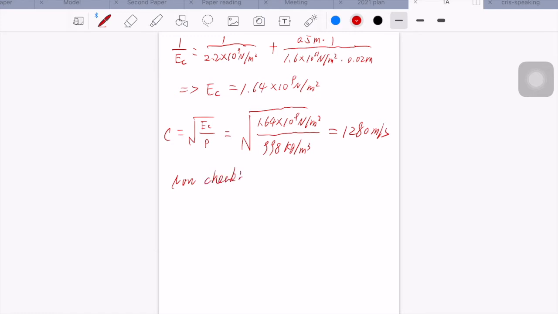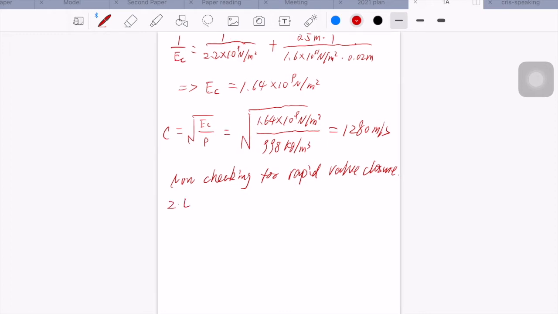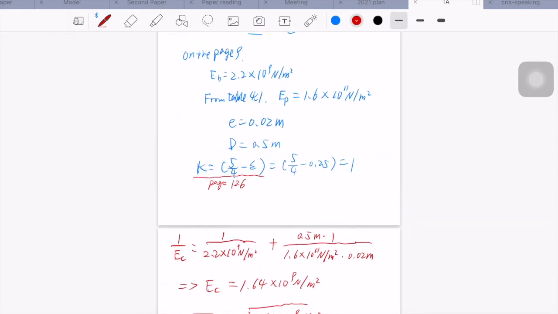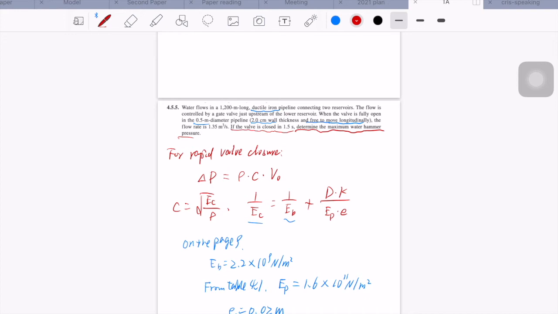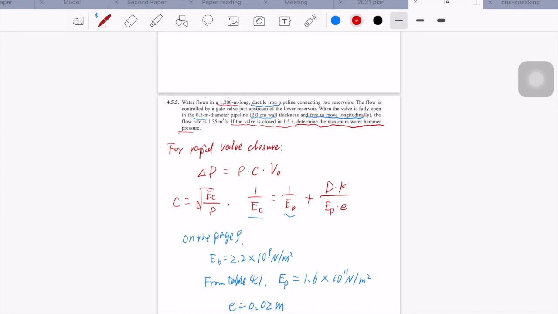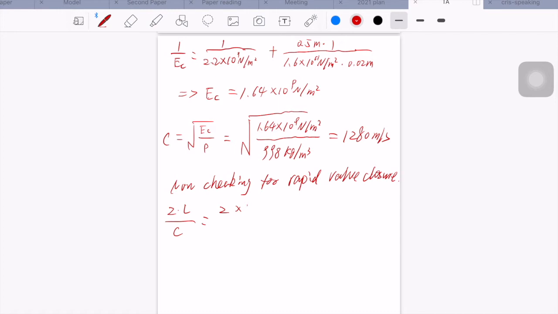And now checking for rapid valve closure. 2 times L divided by C equals 2 times the L, which is 1200 meter, divided by C, which is 1280 meter per second.